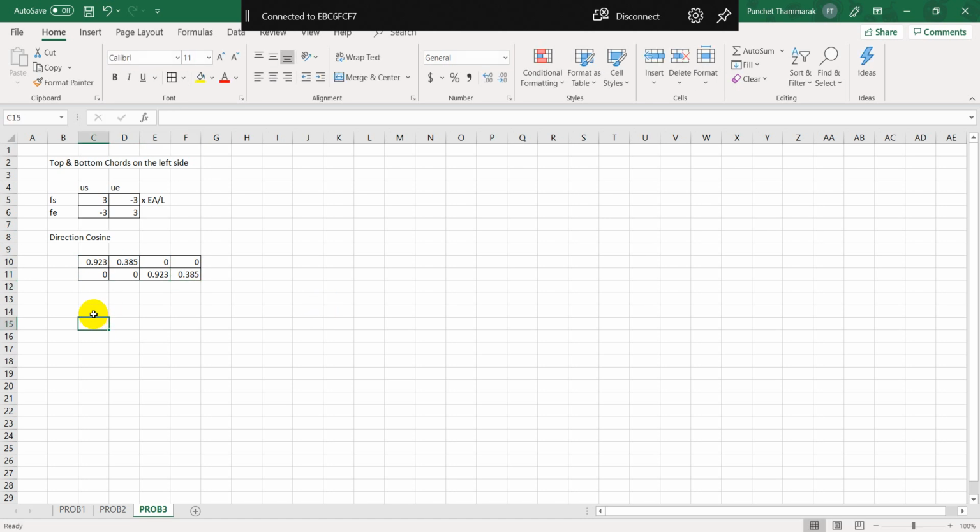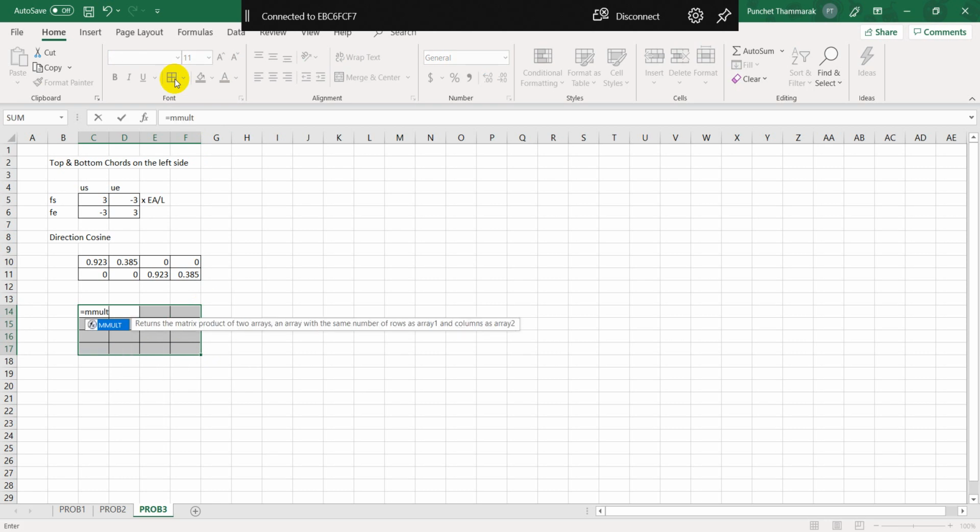And then we get this stiffness matrix, which is going to be the 4/4, and that equals MMULT of the transpose of this, multiplied by MMULT of this and this.